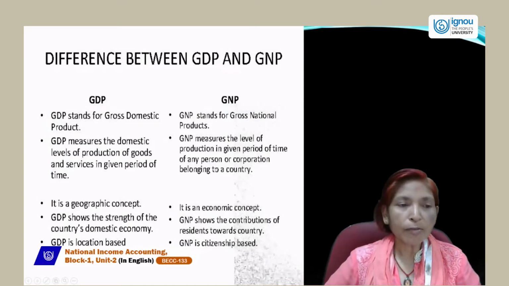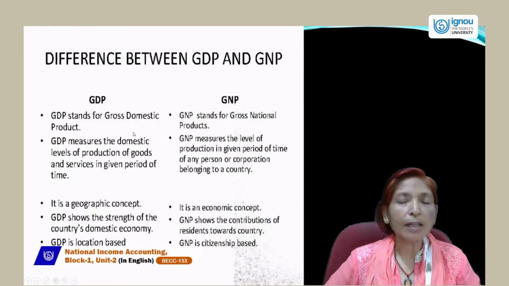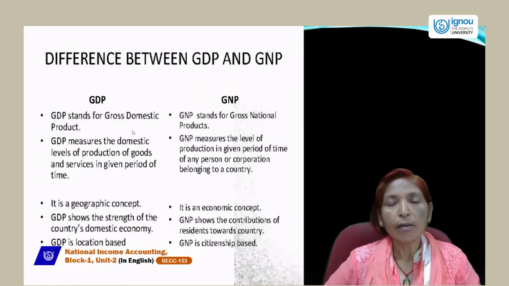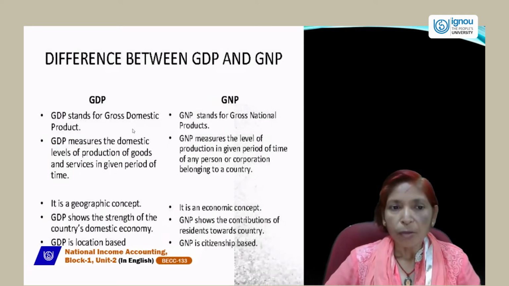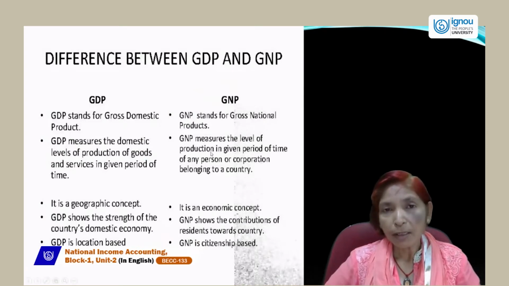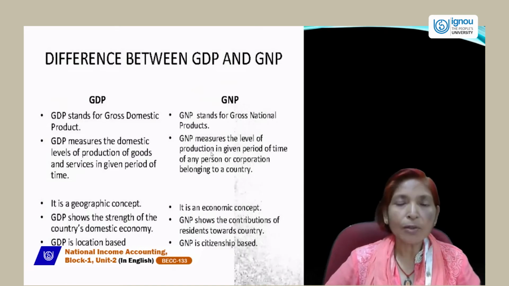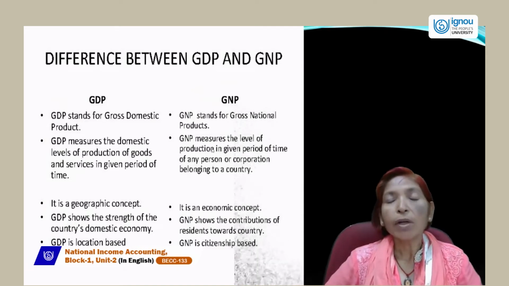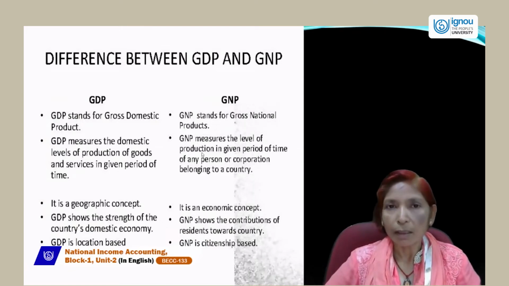In the concept of GDP, we take all the final goods and services which are produced by residents and non-residents of a country during an accounting year. But while estimating GNP, we take the total value of all final goods and services produced by only normal residents of a country in an accounting year.